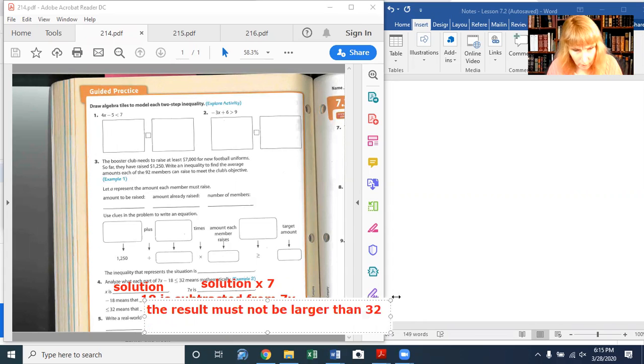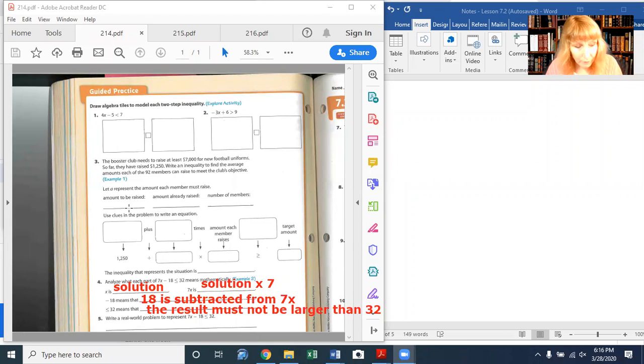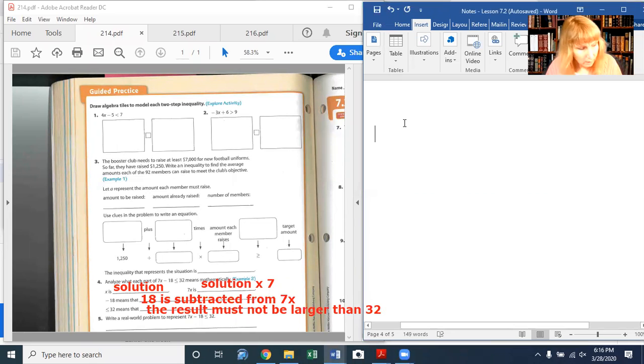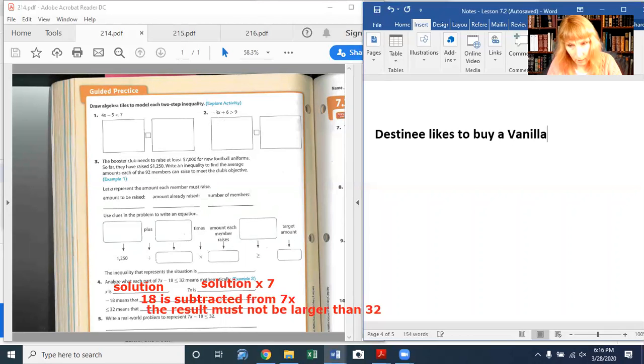Let's try to stretch that out so it fits a little bit better. And then number 5 says to write a real world problem for number 4. So what did I pick for this? All right, I hope Destiny doesn't mind. I'm going to use her in this. Destiny likes to buy a vanilla latte for $7 each.